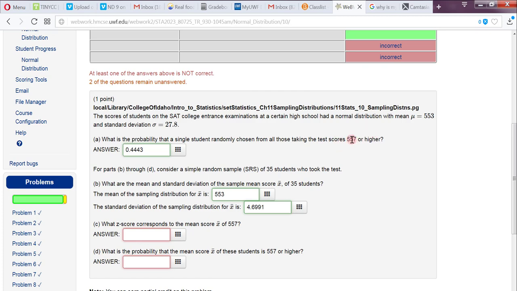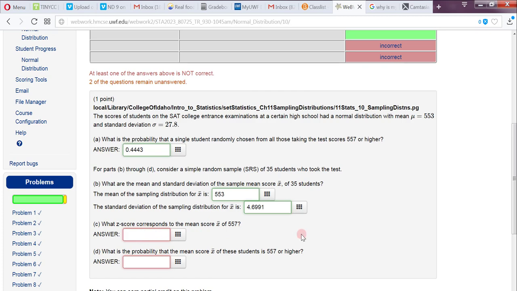I'm taking a random sample of 35 students, and I want to know the probability that the mean score of those 35 students, all averaged together, is 557 or higher. Not one individual student, but the average of all 35 students. What's the probability that that average is 557 or more? So that's what we're looking for right here. So what is the z-score that corresponds with that? So let's come over here and calculate it.